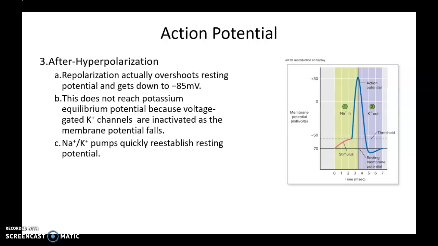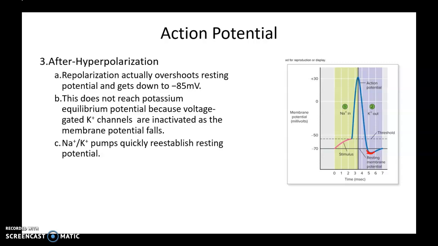But there is another state called after hyperpolarization, where the repolarization just doesn't stop at -70. It kind of overshoots and goes down to -85. Do you see here? It doesn't stop at -70. It continues down to -85 millivolts. And this is because the leak channels are still open.